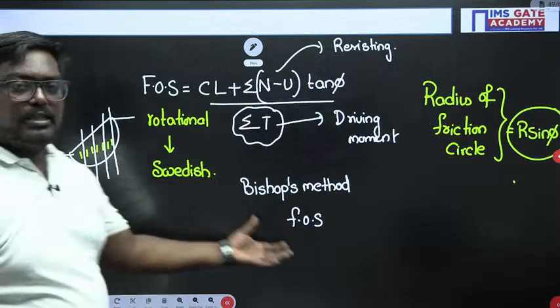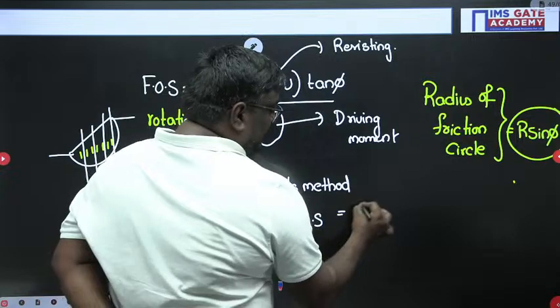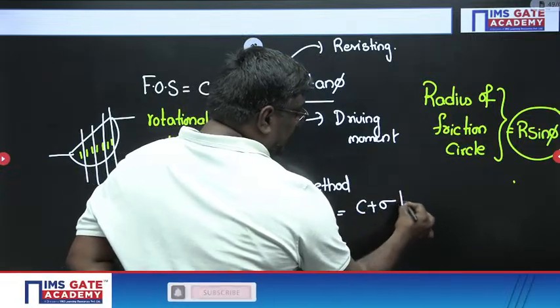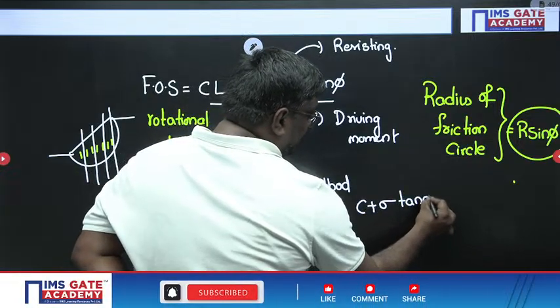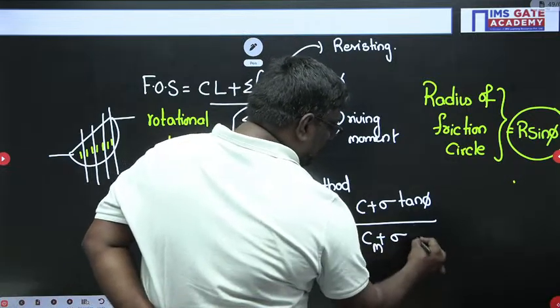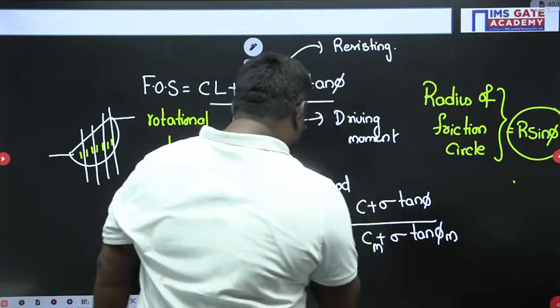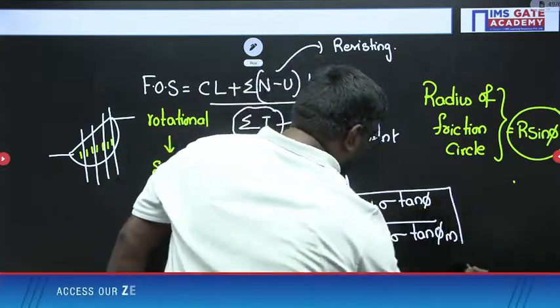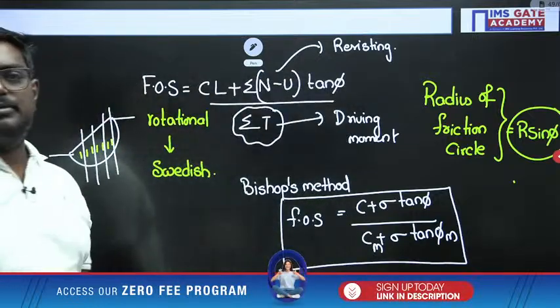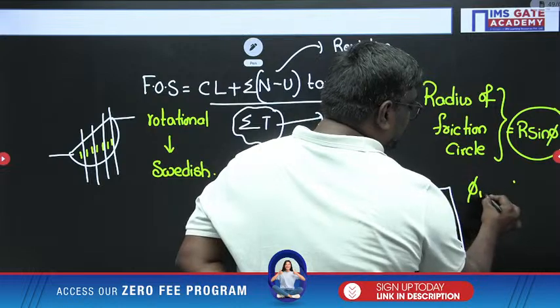In Bishop's method, they were considered. So here the factor of safety is given by the formula C plus sigma tan phi upon Cm plus sigma tan phi m. This is the factor of safety for Bishop's method, and here you should understand what phi m and Cm are.